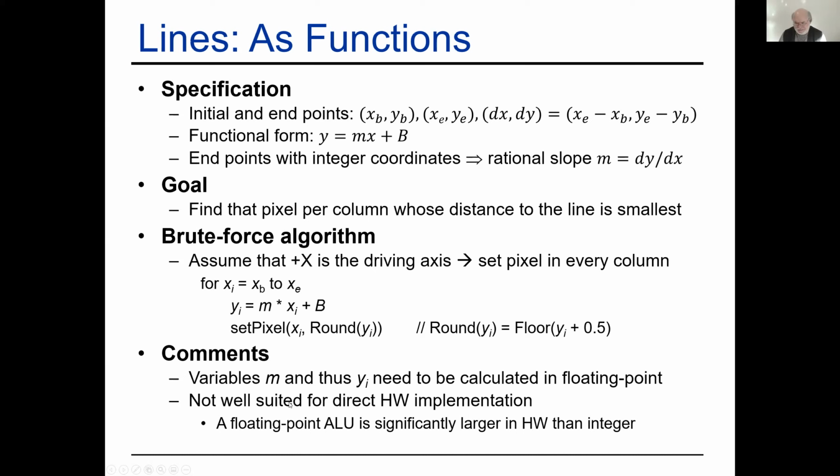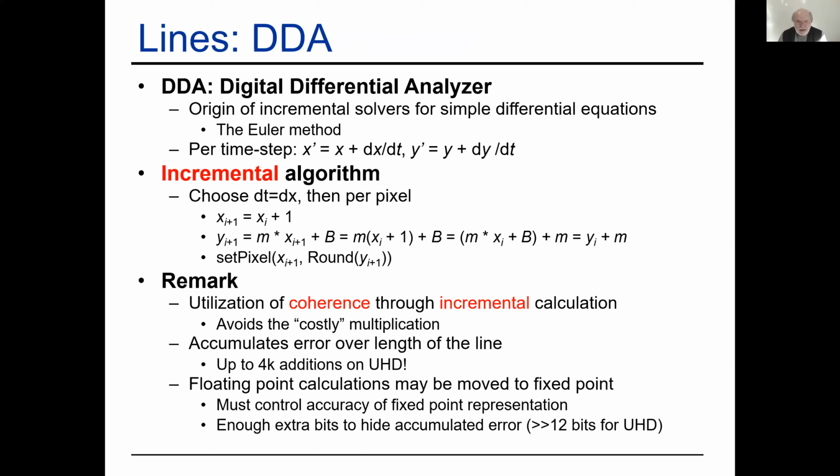So that's not nice, and it's not suited for hardware implementation. I mean, the good floating point algorithms are as fast as integer now, but they're considerably larger in terms of area, the amount of hardware we need. So that's not good. There is a different way of describing that if we do this incrementally.